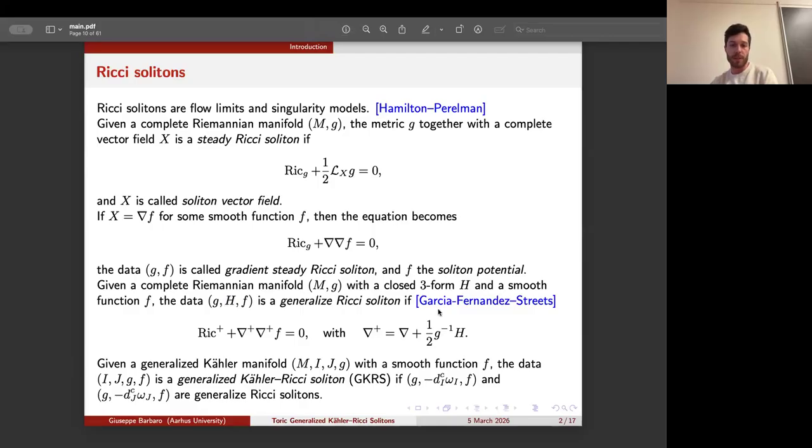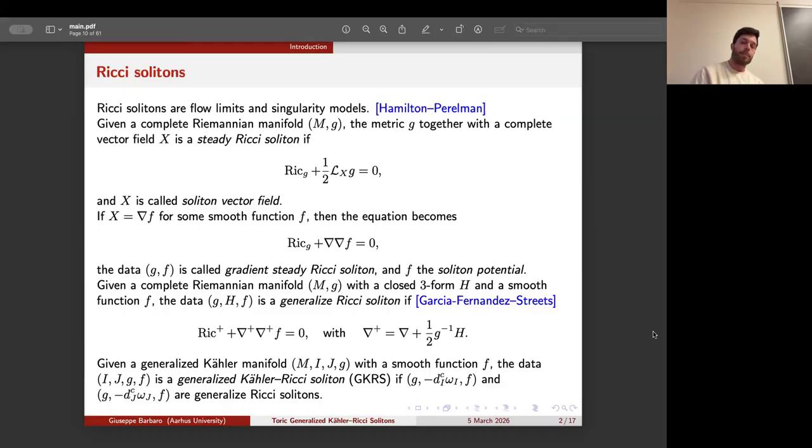This is precisely the case we are interested in. Let's say we have a generalized Kähler manifold as before. Then we say that we have a generalized Kähler-Ricci soliton if both this triple and this triple are generalized Ricci solitons. So we just ask for a generalized Ricci soliton where the torsion has some compatibility with the Hermitian structure.